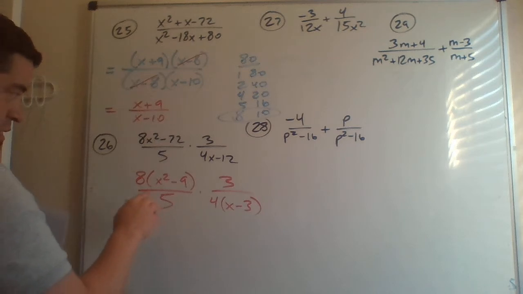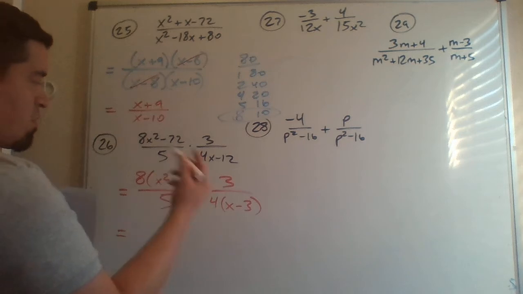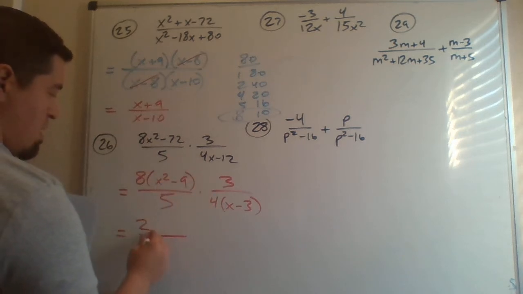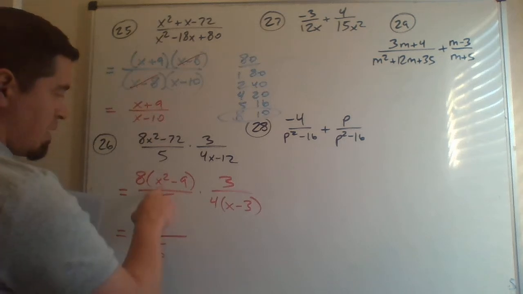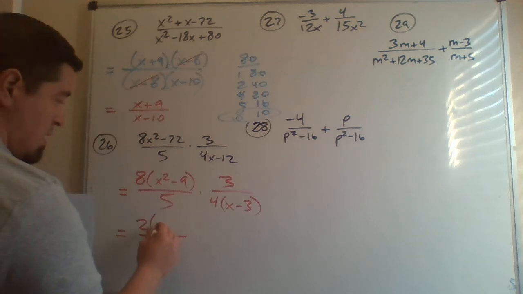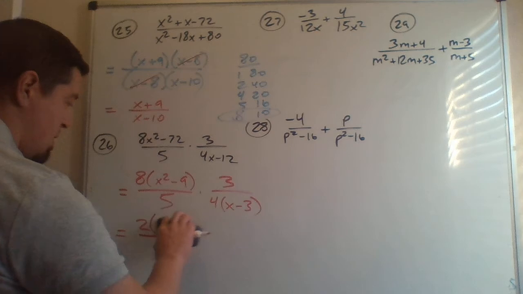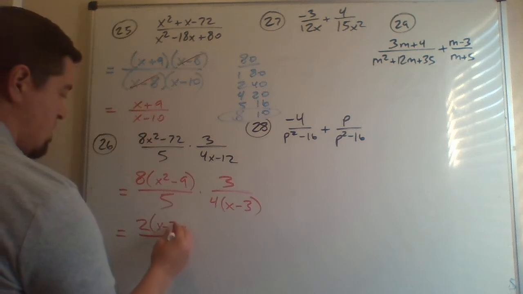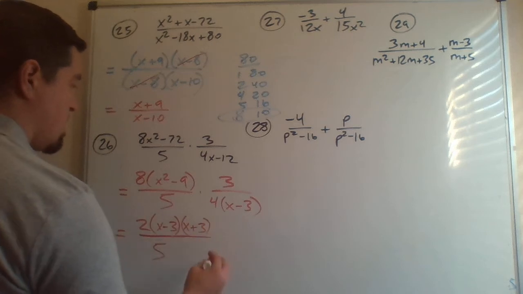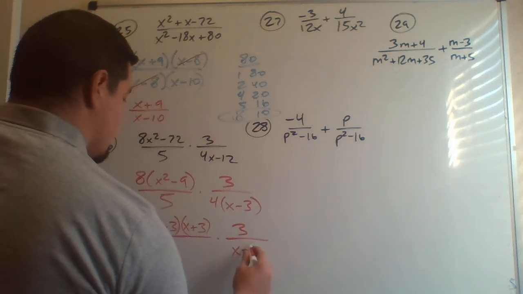We should notice that your 8 and 4, if you divide, you get 2, so you're left with 2 on top. The 5's there, but what about this? This is a difference of squares we talked about earlier. So I can write this as x minus 3, x plus 3, times 3 over x minus 3.